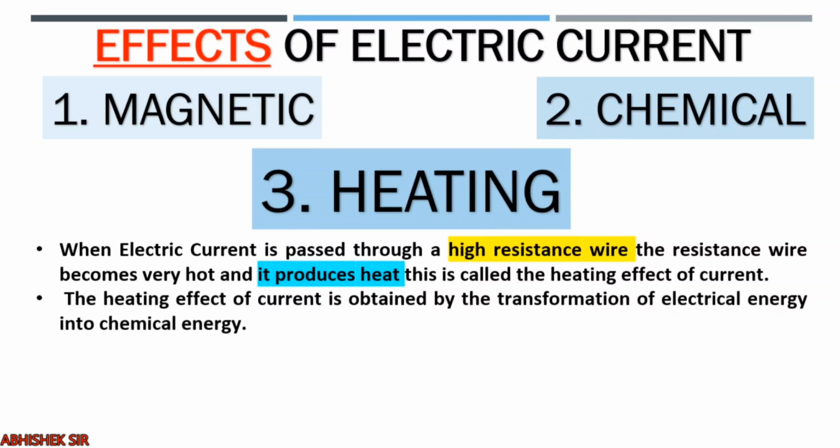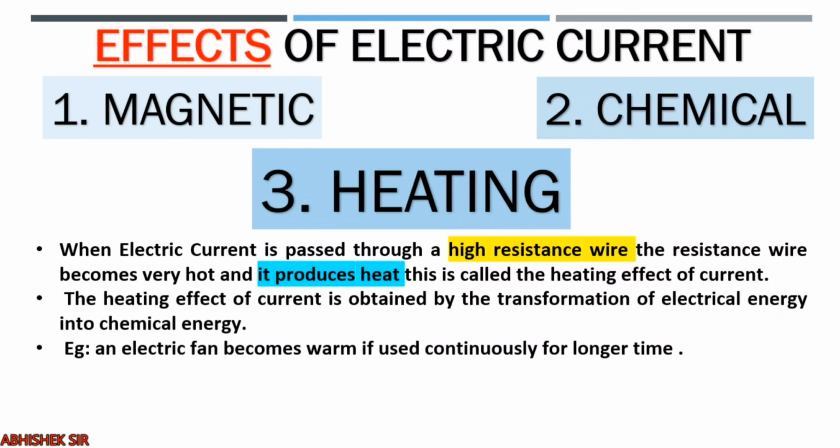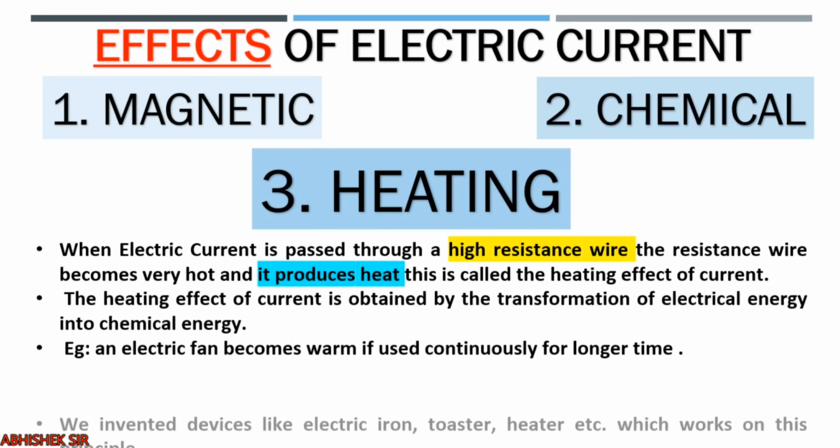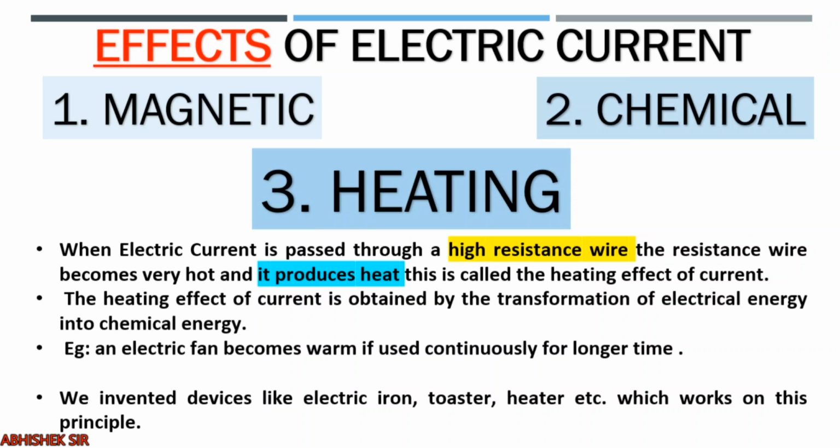Just for an example, an electric fan becomes warm if used continuously for a longer time. This applies to all machines as well. If any machine is run for a very long time, it becomes warm or hot. That is the heating effect. But scientists thought, let us utilize this heating effect, because ultimately it was being wasted.